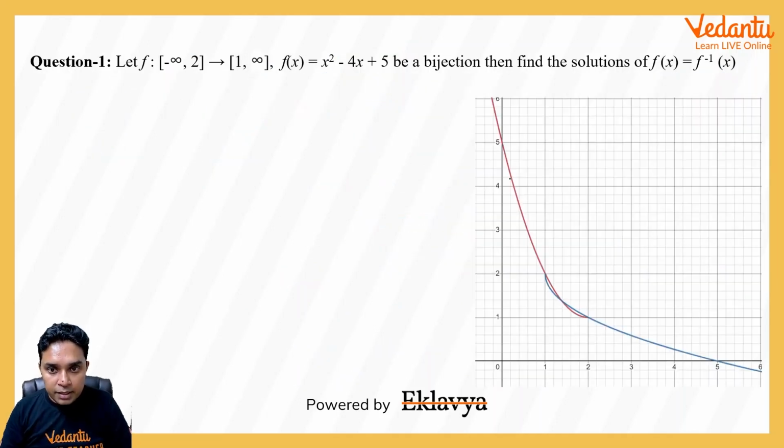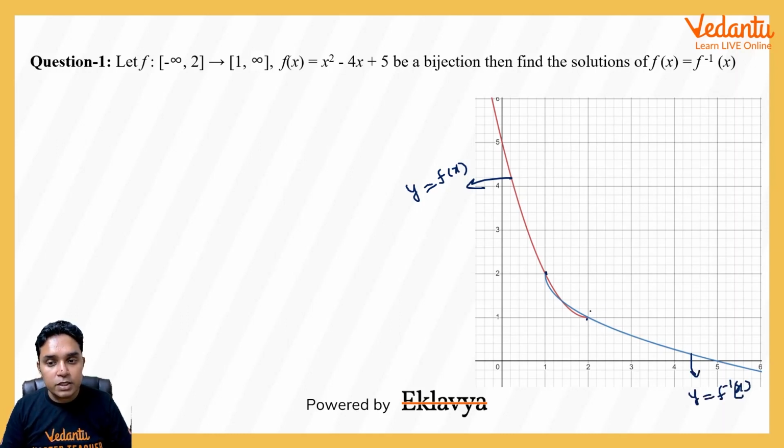You can see this red graph is the graph of y equal to f(x), whose minimum value is at 2, that is equal to 1. Okay, and also it is having (1, 2) lying on it. And then this graph of y equal to f inverse(x) is also passing through these 2 points, and both of them are also passing through the line y equal to x, and that is this point.